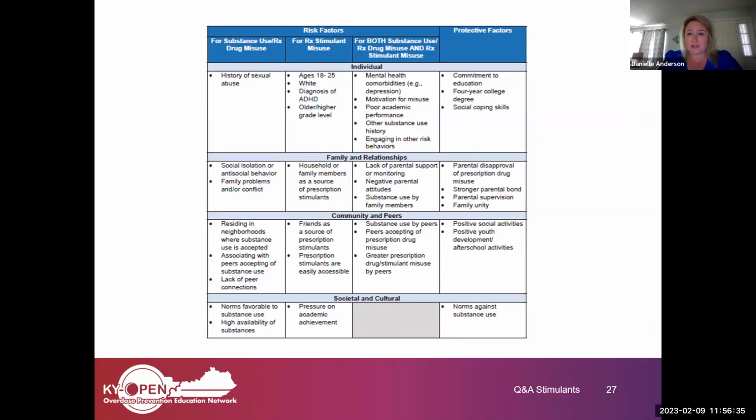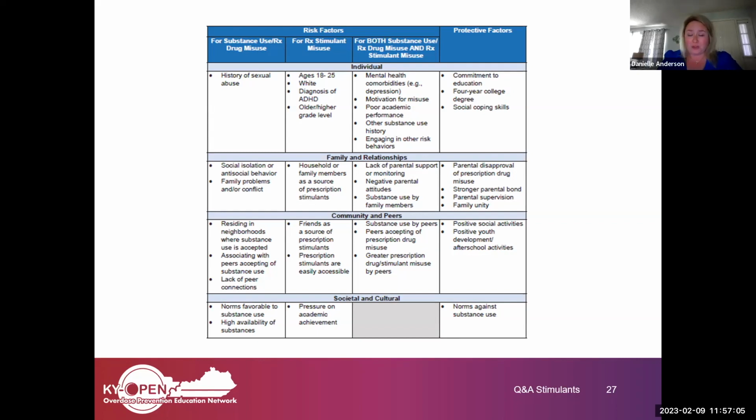And here are some risk factors. I just wanted to take some time. I think this is a great chart listed in SAMHSA's advisory on prescription stimulants. And I do want to add the caveat that Dr. Oler mentioned, that one of the risk factors for stimulant use is untreated ADHD, and provider bias often leads to the undertreatment of ADHD.